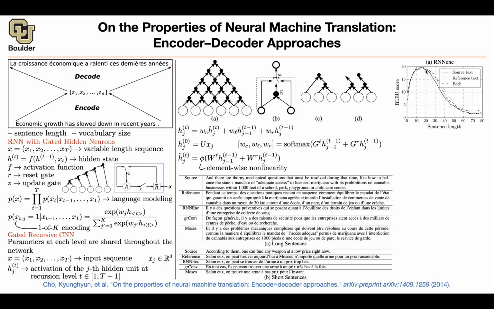Then you report your BLEU score performance on those sentences. As you increase the sentence length, the BLEU score drops significantly. So the length matters regardless of the architecture, whether you're using an RNN encoder or a convolutional neural network.